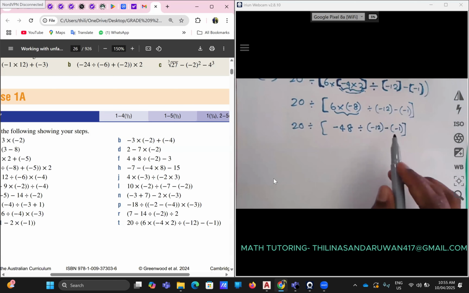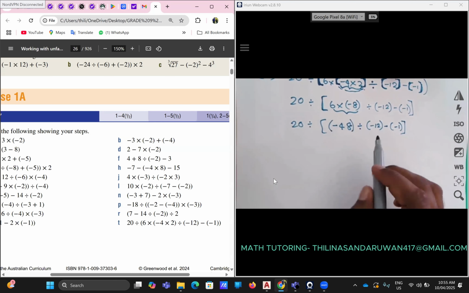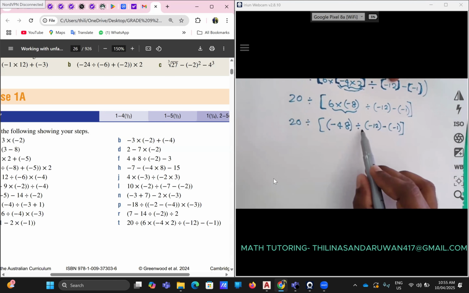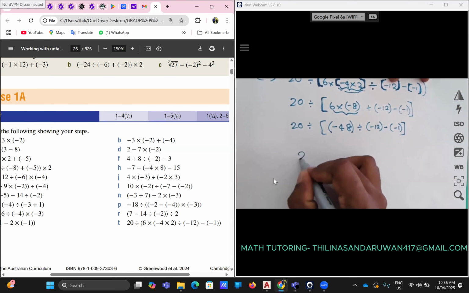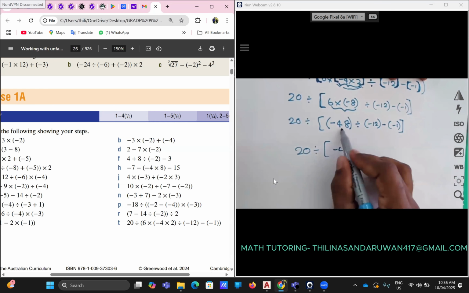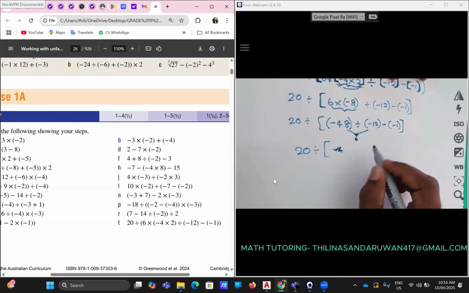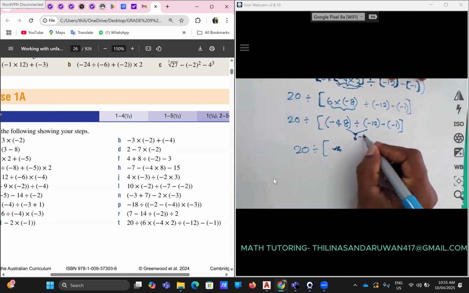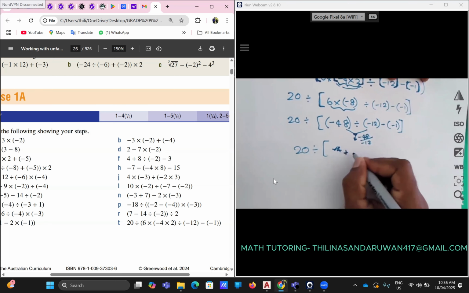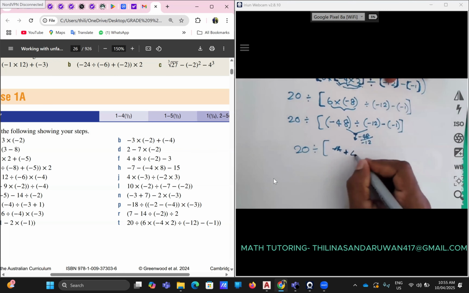Then what should you do? This is a minus number, so I just use a bracket for that. Then you should see the division inside the bracket. So 48 by minus 12 means minus minus is plus, is 4, right?